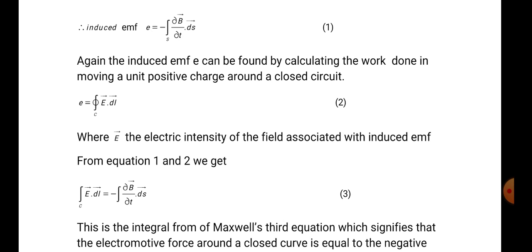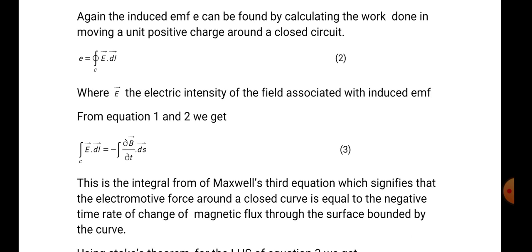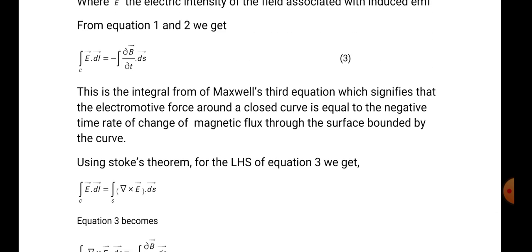By using Stokes theorem, the closed line integration is converted into a surface integral. The closed line integration of E bar dot dl bar is equal to the surface integration of curl of the electric field, that is, del cross E bar dot ds bar.